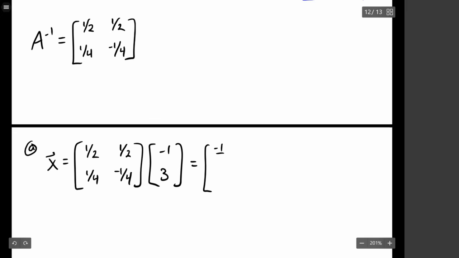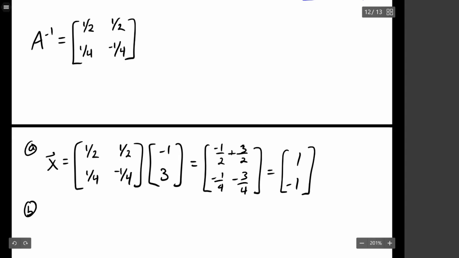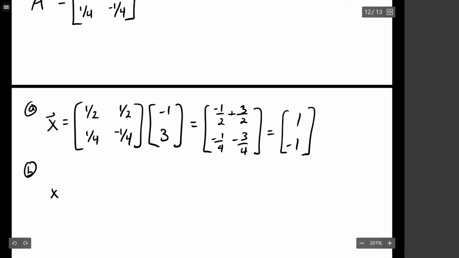This will be minus 1/2 plus 3/2 for the first one, and minus 1/4 minus 3/4 for the second one. And that's going to be 1, minus 1. For part B here, X is, we got 1/2, 1/2, 1/4, minus 1/4.